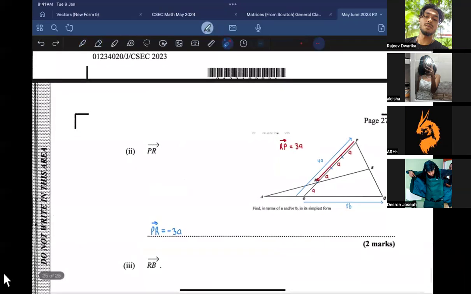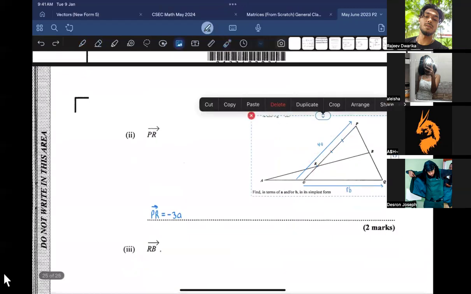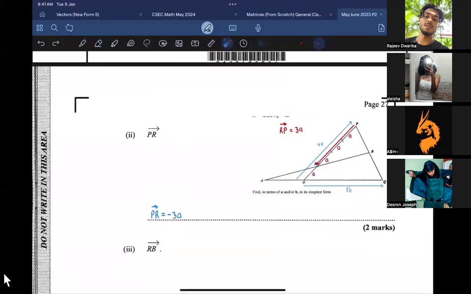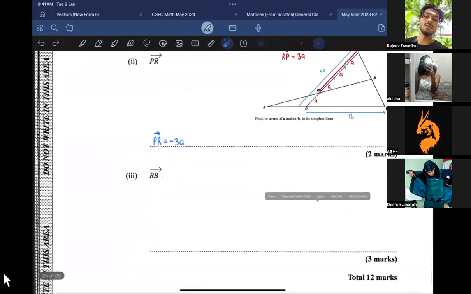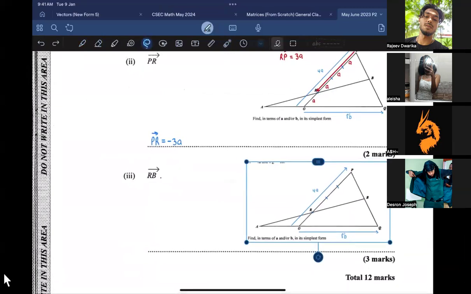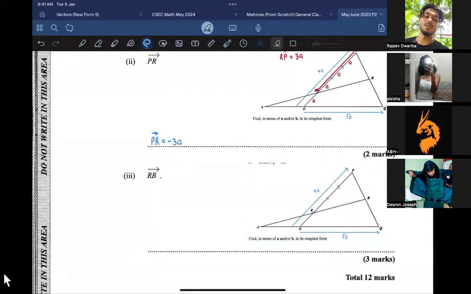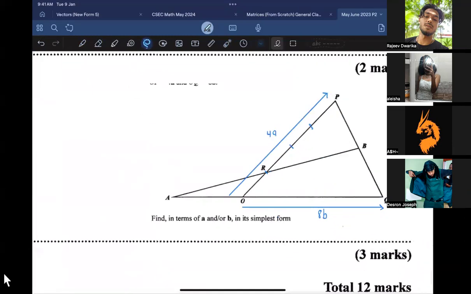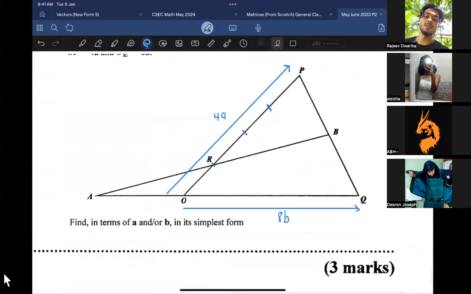Last part. We'll figure out part 3, R to B. Let's go. So Sasha, if I want to go from R to B, where am I starting from? Starting from R, right?